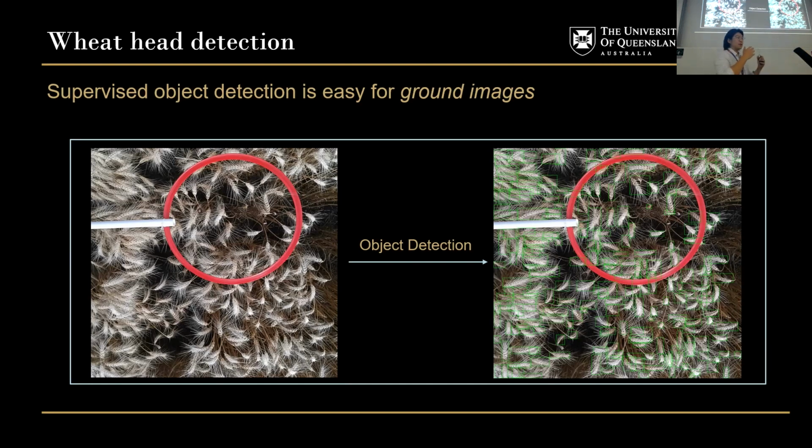Then if a new ground level wheat picture comes in, the model can detect where the wheat head is in the image. And we can see from the example here, our current object detection model can perform this job pretty well. So we can conclude, okay, supervised object detection is easy for ground level images.